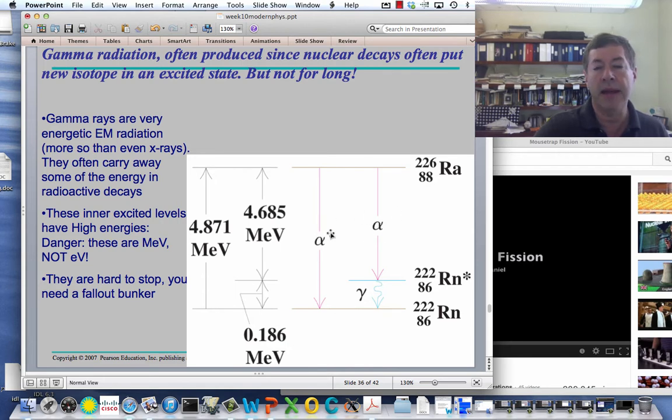There's the alpha going away, and it can end up being radon. But there actually are 2 possible forms of radon, with various probabilities dictated by quantum mechanics. It can go down to the lowest energy form of radon, or it can end up in a so-called excited state of radon.